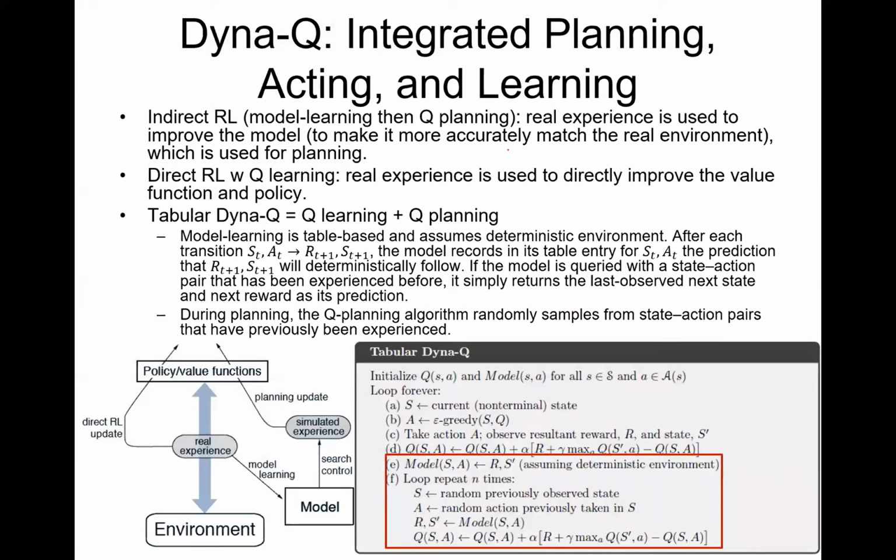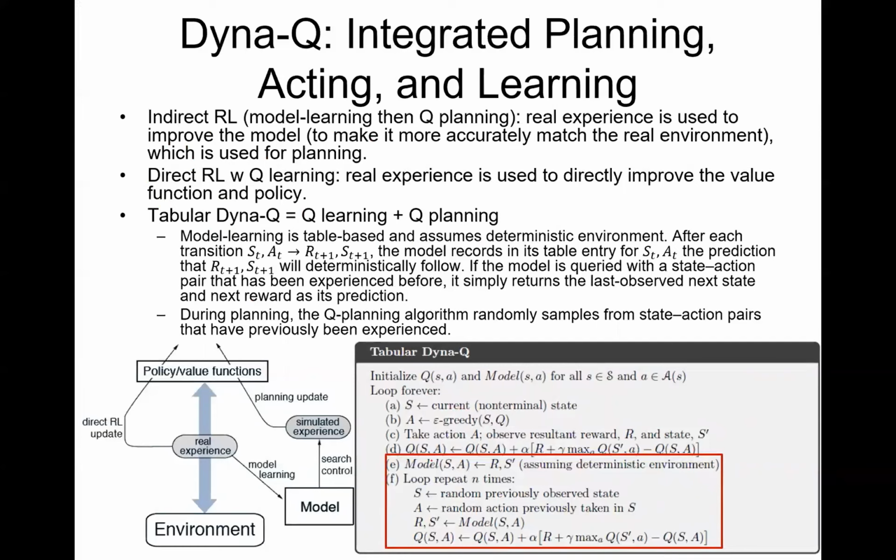So real experience is used to improve the model to make it more accurately match the real environment, which is then used for planning. So model learning. The difference from Q-learning is the red part. The other part is the same as Q-learning.